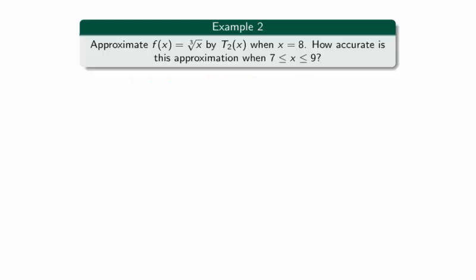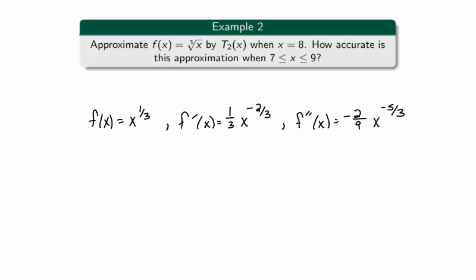For example, let's approximate f(x) equal to the third root of x by T2(x) when a equals 8. How accurate is this approximation when 7 is less than or equal to x is less than or equal to 9? We first compute T2(x), and to do this, we need to compute up to the second derivative. f(x) equals x to the 1/3, and f prime of x equals 1/3 times x to the negative 2/3.